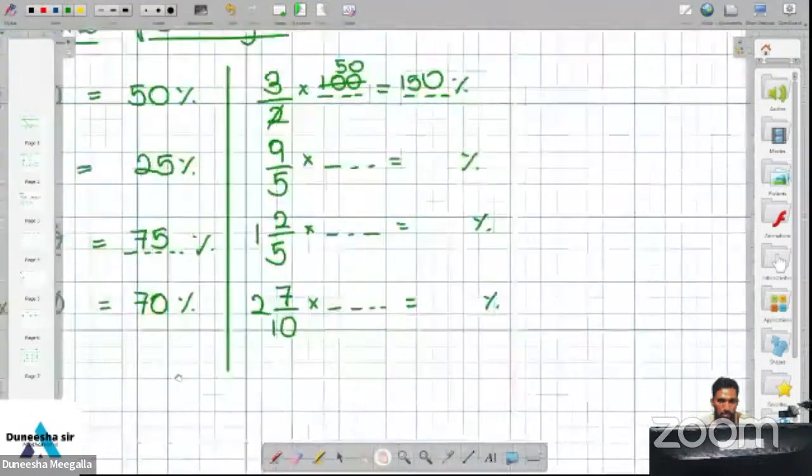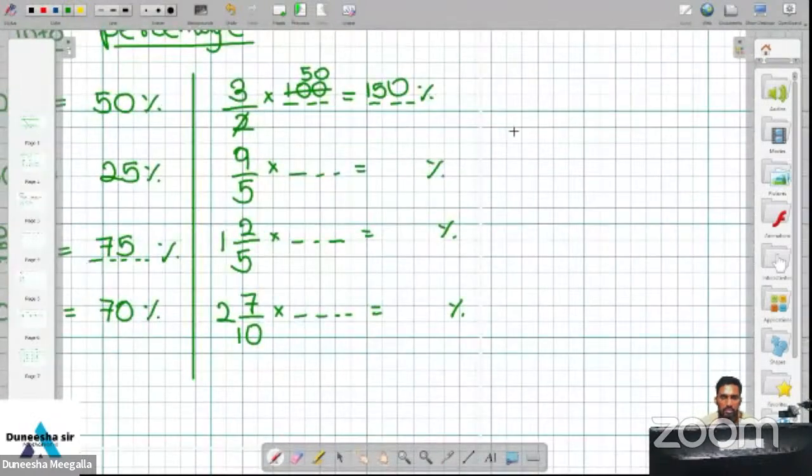Let's see how to do it. Then how do we do it? You have to multiply by 100. Then it's 180. Let's look at this. Then 1 and 2 over 5. Then it's 5 plus 2, it's 7.